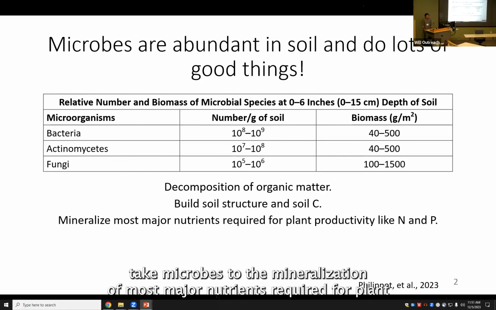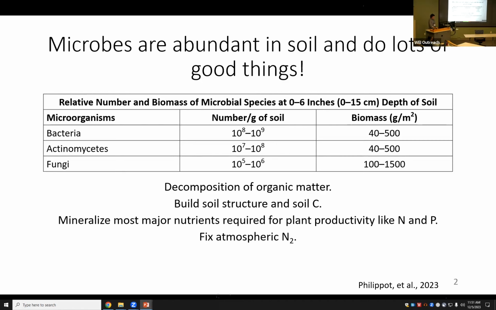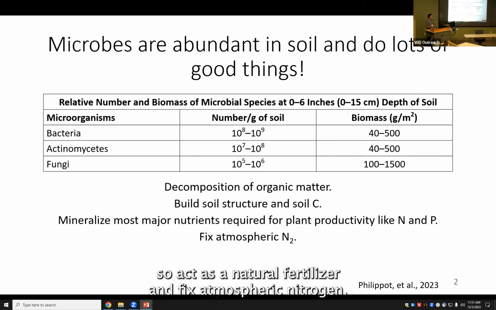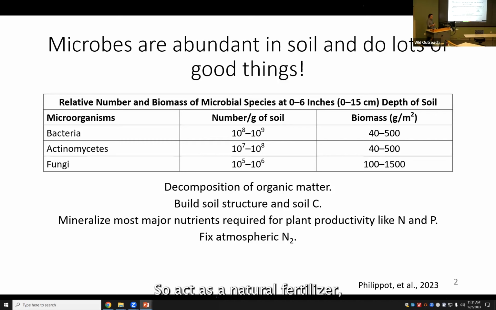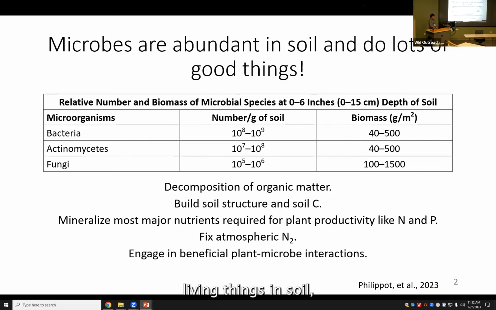We can thank microbes for the mineralization of most major nutrients required for plant productivity, like nitrogen and phosphorus, this owing to their power in decomposition. Microbes can also fix atmospheric nitrogen, so act as a natural fertilizer, bringing in nitrogen gas from the atmosphere, fixing it then into forms that are usable by plants and other living things in soil.